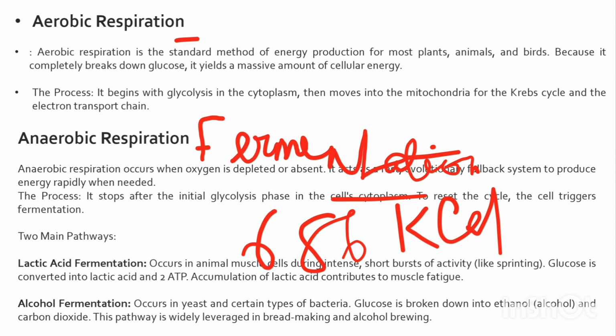And here there is no involvement of the electron transport chain. It is less energetic also. Anaerobic respiration occurs in yeast, in some bacteria, even in some tissues of higher organisms.